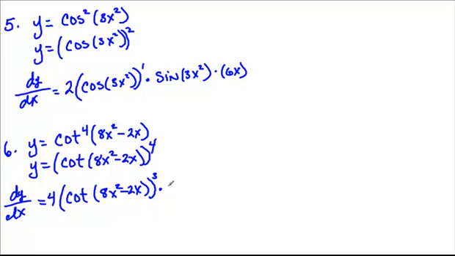Well, we know the derivative of cotangent is negative cosecant squared of this guy. So we rewrite, we're still keeping that one intact.